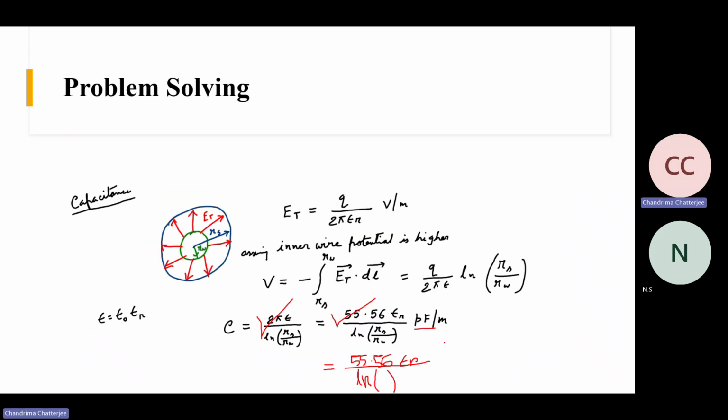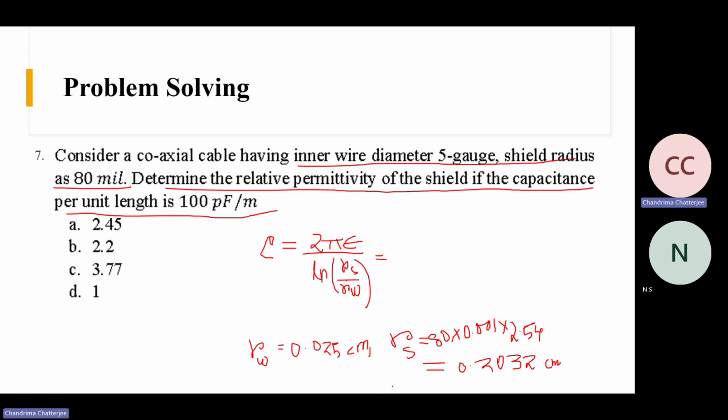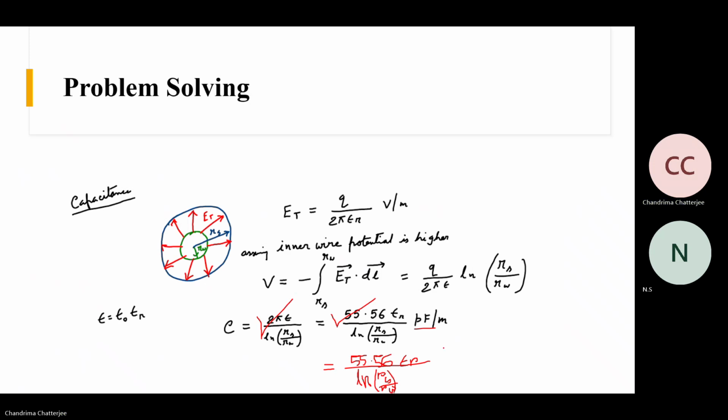Now we know all the values. We know what is Rs, what is Rw, and C is given as 100 picofarad per meter. Now you can easily find out what is epsilon r.